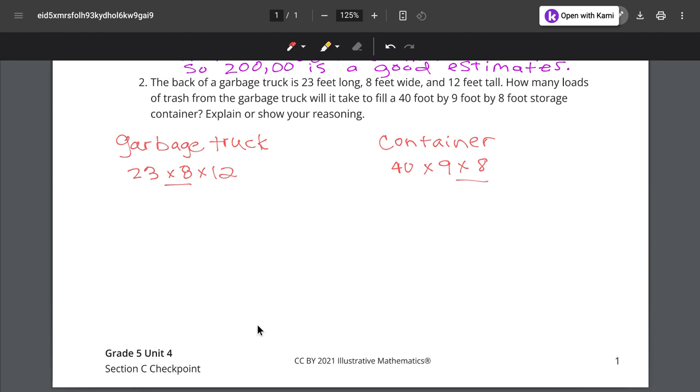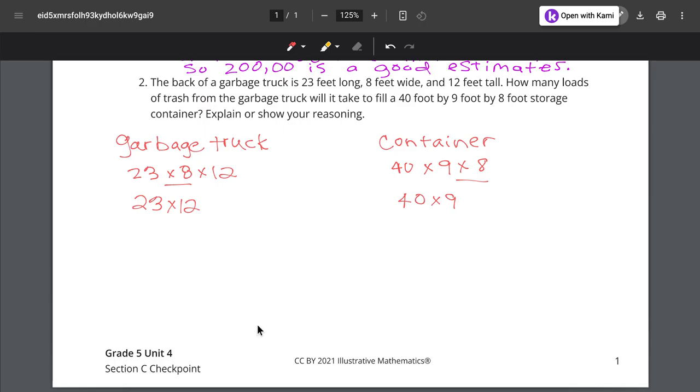So you know what I can do to make this math a little easier for me to calculate? Because each set of side lengths has an 8, I can actually take that out of my equation, because I can simply calculate here my 23 times 12, and over here I can calculate my 40 times 9.